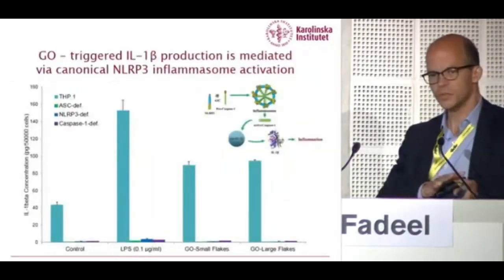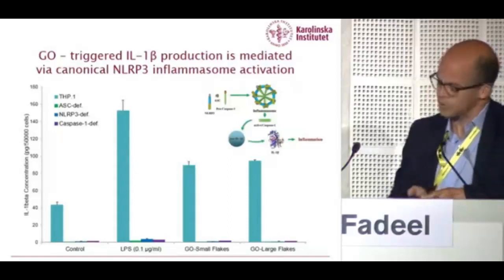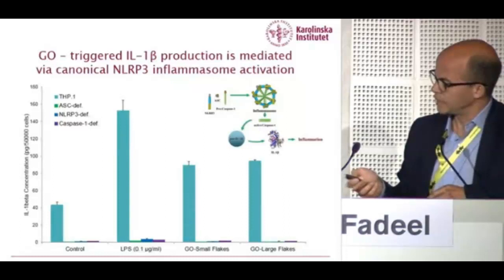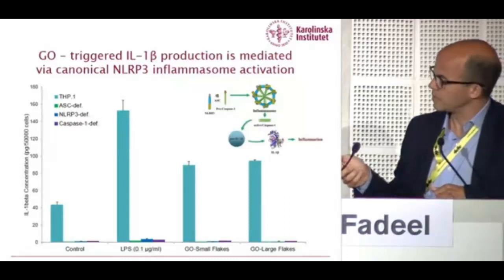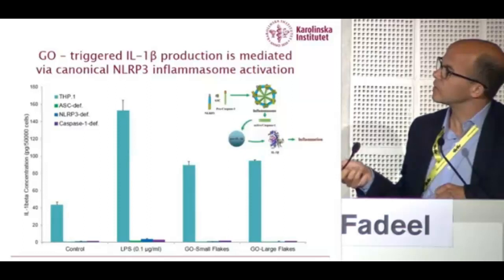So switching now from primary cells, we used THP1 cells that were genetically deficient for various components of the NALP3 inflammasome, and the results are shown here. So the bottom line is that in standard THP1 cells, both LPS and small and large graphene oxide flakes triggered IL-1 beta.